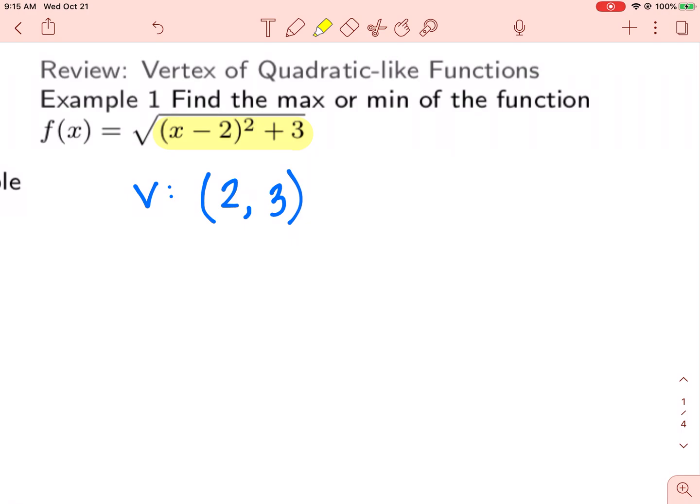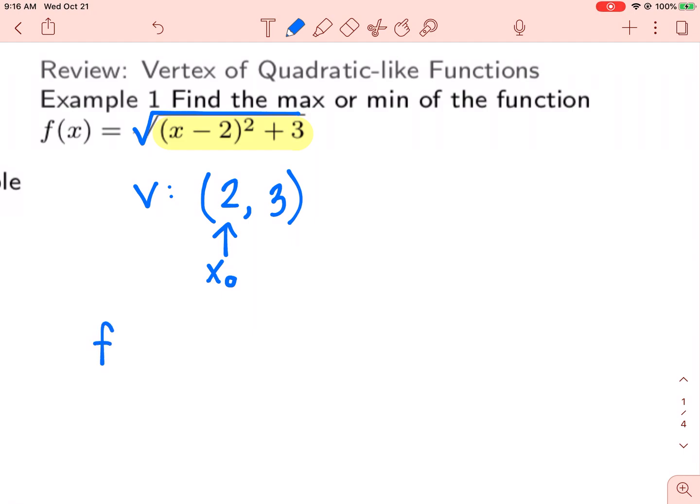Well, if we find the x value of the vertex of the baby function, we can apply it to the big function. Okay, remember that? This is like our x naught, we called it. That's going to be the same x value for vertex of the highlighted as well as the square root of the highlighted.